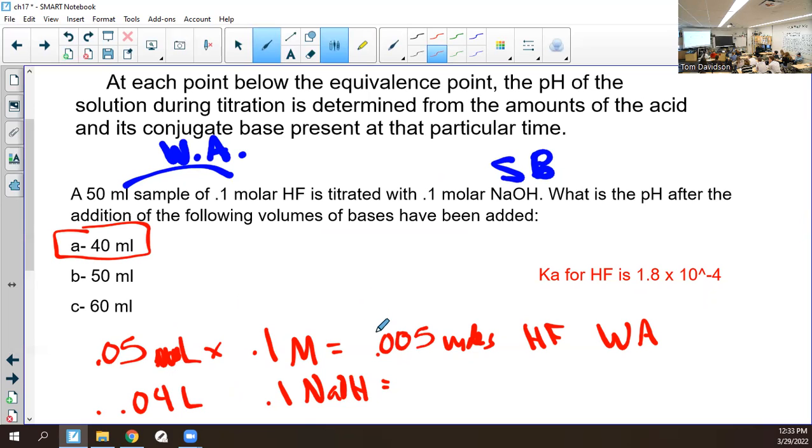So what do I have now? 0.004 moles of NaOH. I'm just going to say OH minus.